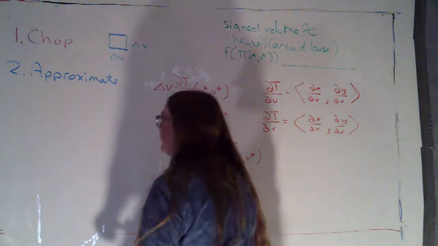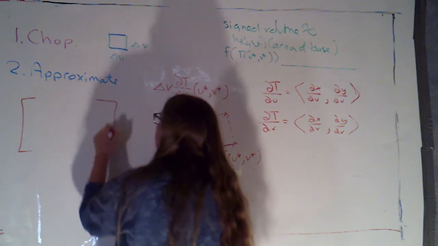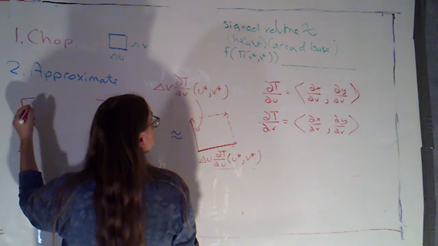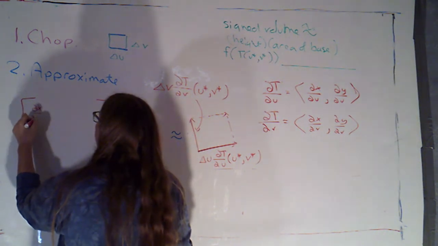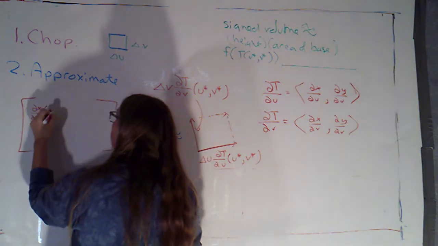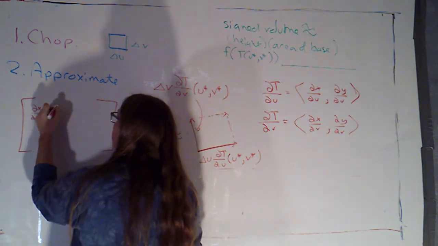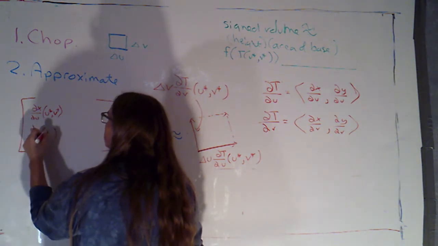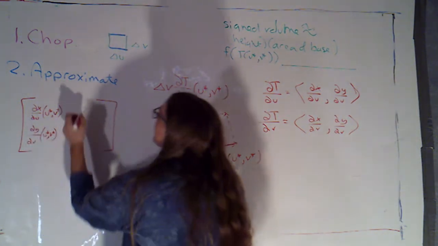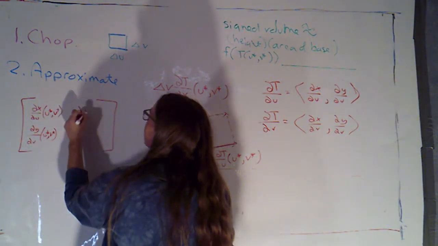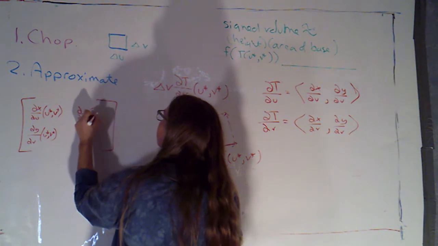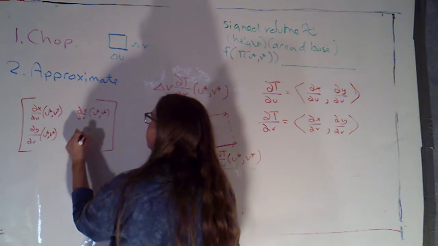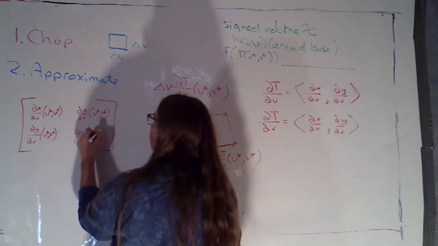So what I'm going to have then is the matrix that I'm getting is partial x, partial u, evaluated at u star v star, partial y, partial u, evaluated at u star v star, partial x partial v evaluated at u star v star, partial y partial v evaluated at u star v star.